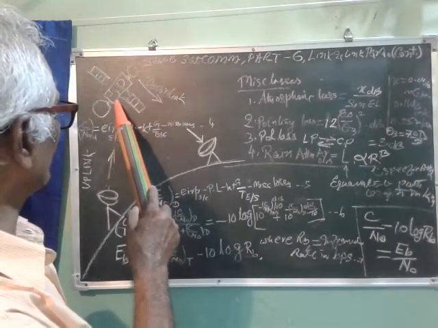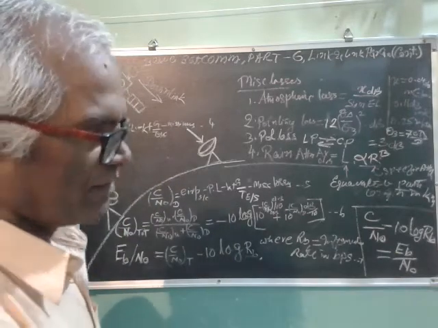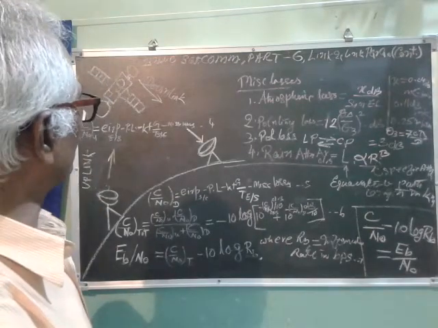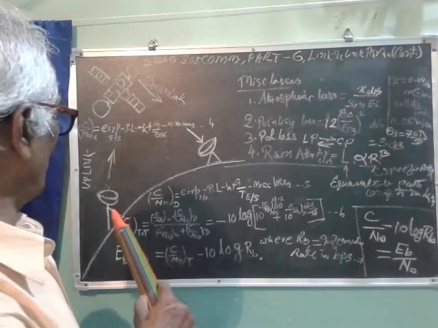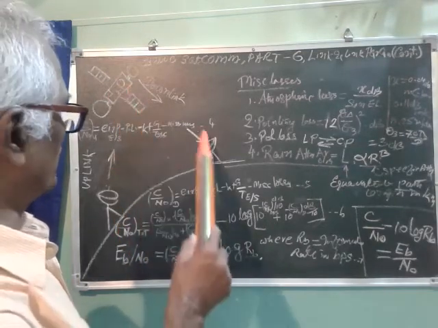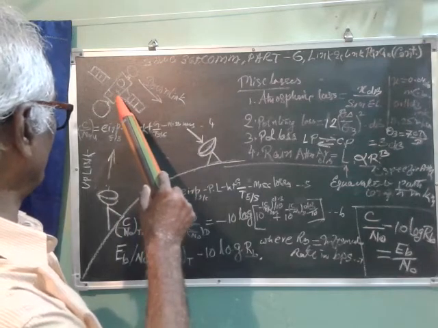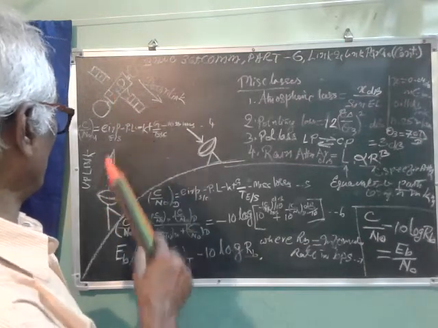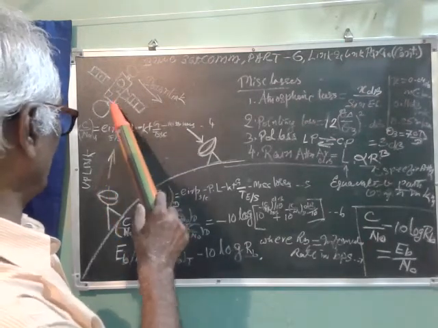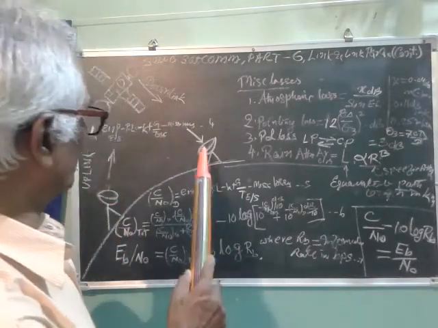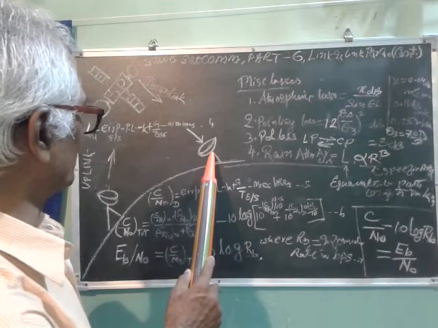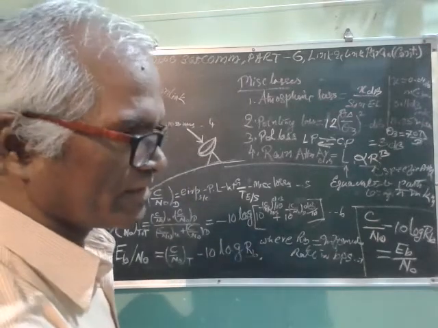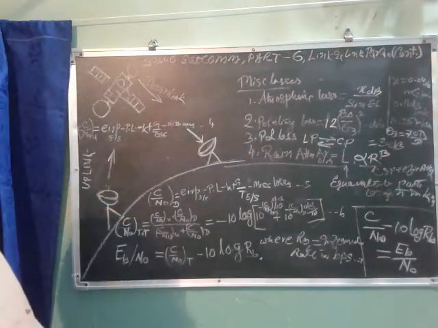It receives the transmit frequency, translates it to the downlink frequency, channelizes, amplifies, and retransmits through its antenna. So there is an uplink and a downlink. The uplink generally has better ERP, hence C by N uplink is more than C by N downlink at the receive station, because the satellite ERP is restricted by the satellite TWTA and antenna size.